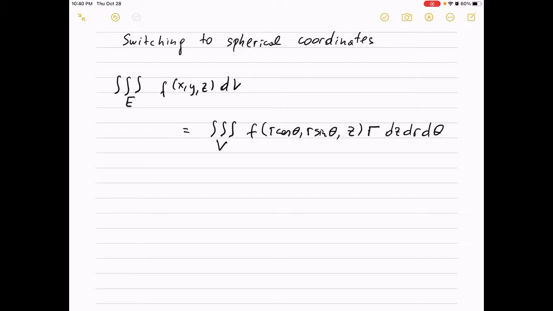If we want to switch to spherical coordinates, then recall that for spherical coordinates we need to have rho. In spherical coordinates, we're going to have rho, phi, theta. That is the same theta as in cylindrical coordinates.